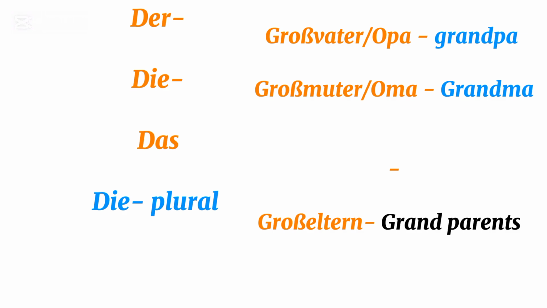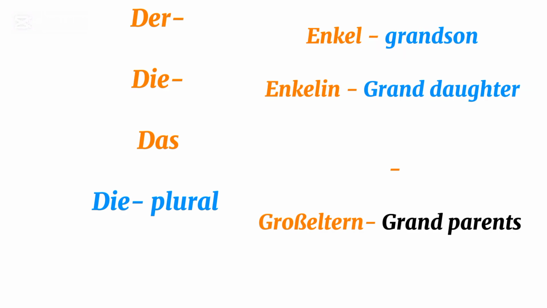Grandmother is called Oma, or Großmutter. Next is Enkel. Enkel is a grandson. We also have Enkelin. This is a granddaughter.